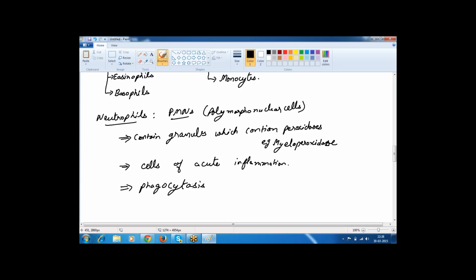Phagocytosis is they engulf the microbe, and after engulfing they kill the microbe with the help of peroxidases. So what kind of enzyme is present in neutrophils which kills the microbe? That is very important. Peroxidases, or the name myeloperoxidase, that is quite important.